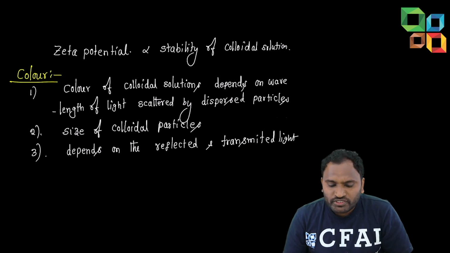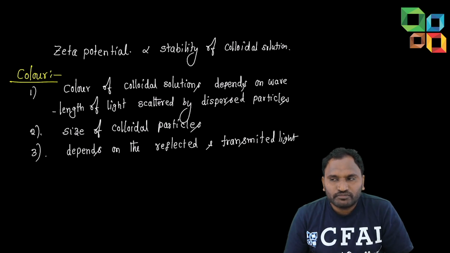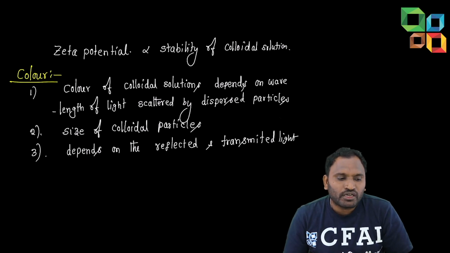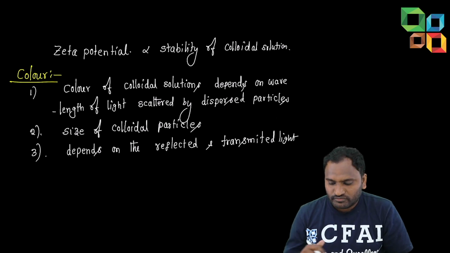So we have finished the electrical properties, Brownian movement, Tyndall effect, charge on colloidal solution, and color of colloidal solution. Next one, coagulation.